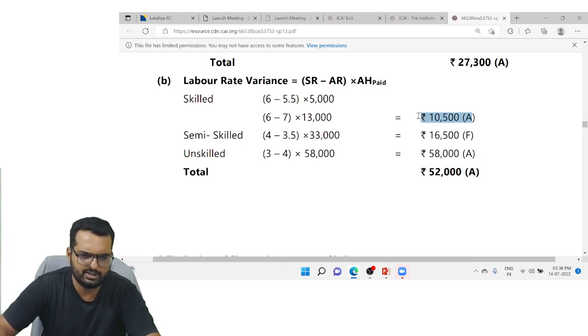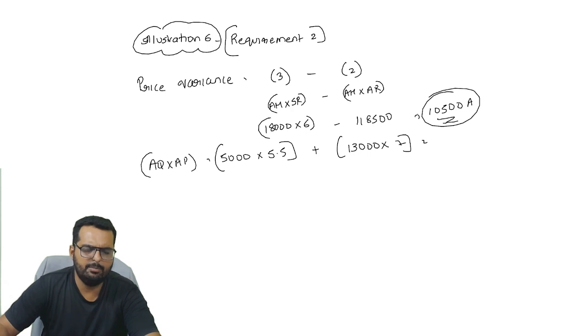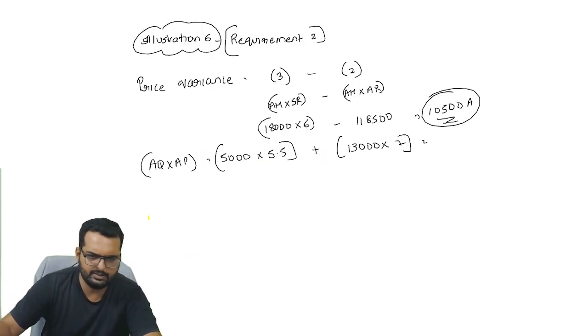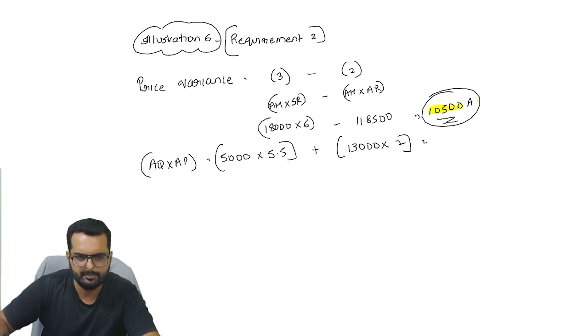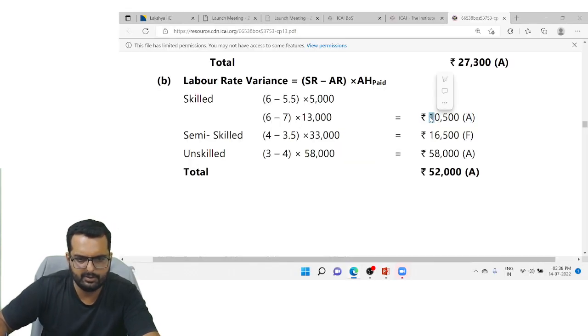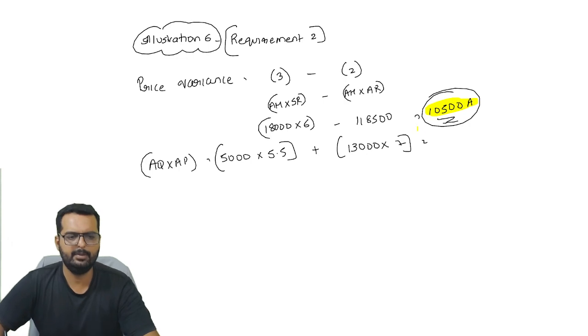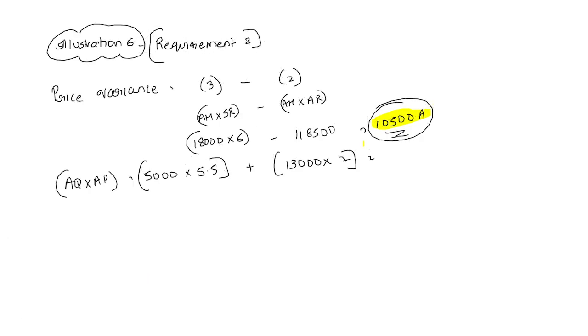But there is no change coming in, correct? So that will be the same. This is correct. 10,500 is correct. Please write down this in your books. Same answer that you got over here, 10,500. Okay, write down. Requirement 2, what I have done is I have found out for skilled.